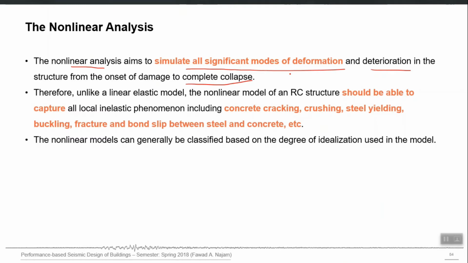So the model should have the capability to capture that failure. If it is based on a linear relationship F equal to KU, it will never be able to predict that failure, because it will keep on increasing deformations with increasing applied forces.